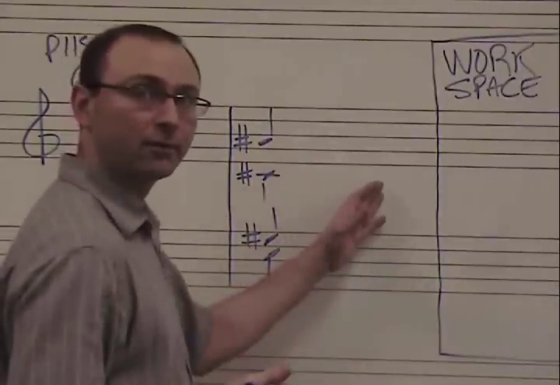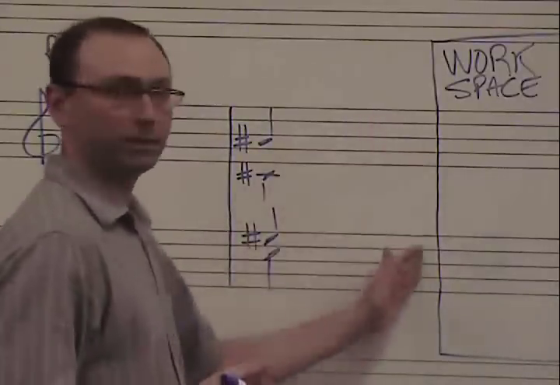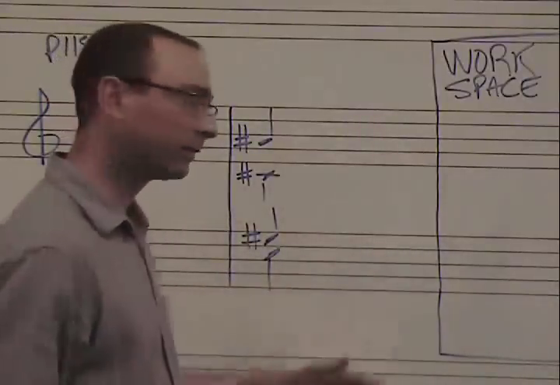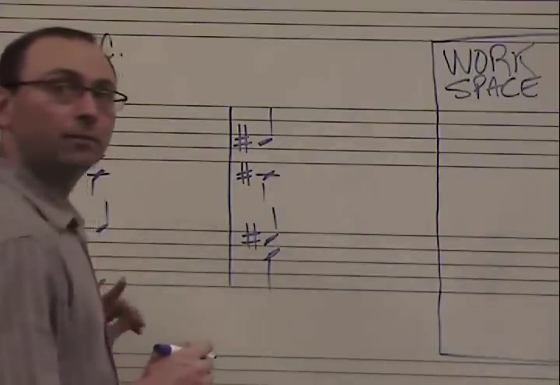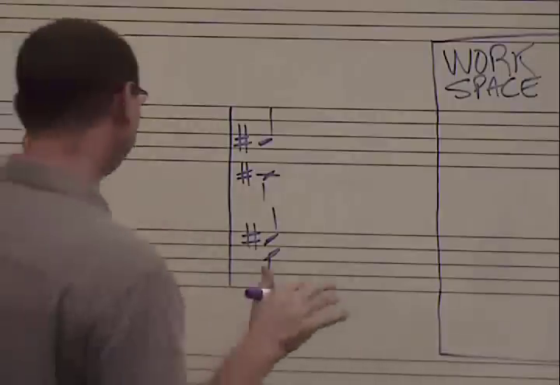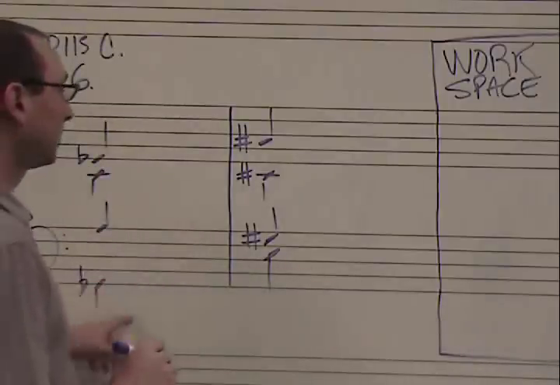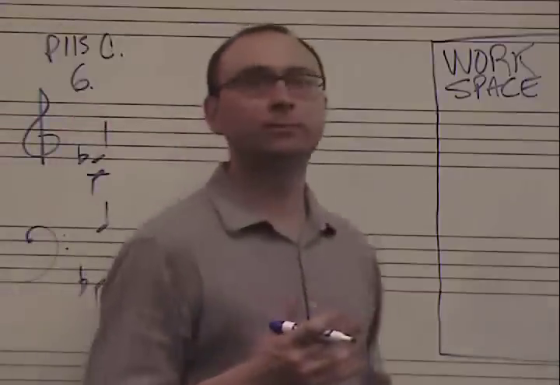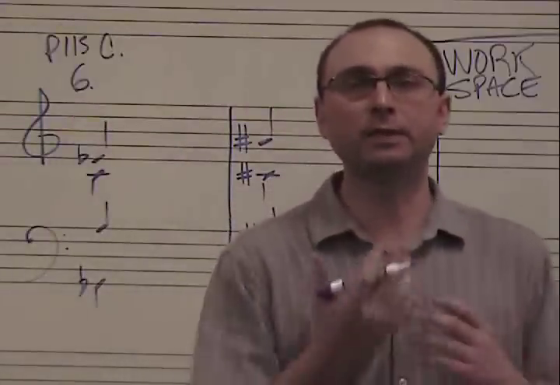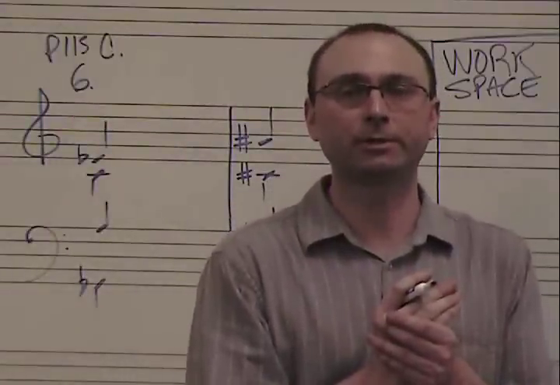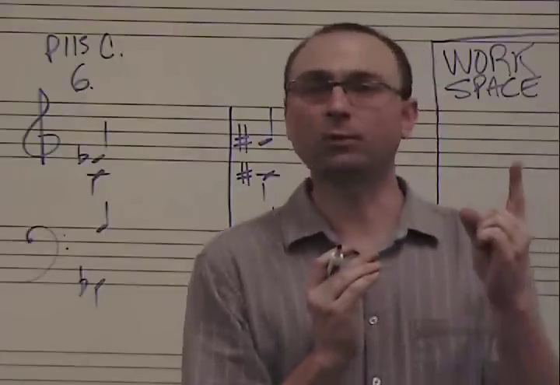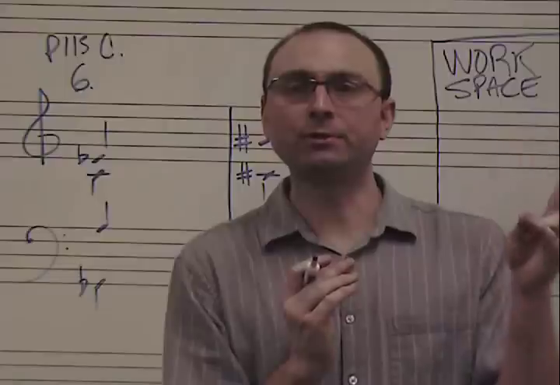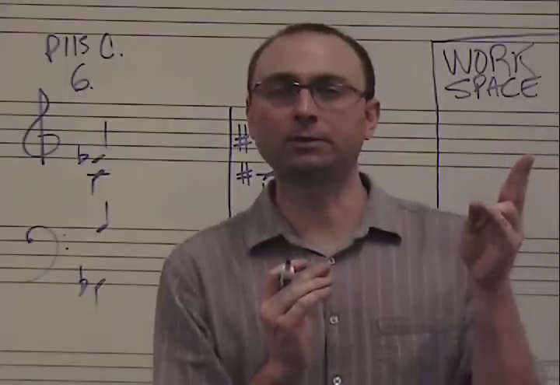You'll notice also I have a workspace that I'm going to use for chord spellings. I might pop out of the picture here, but no big deal. In order to figure out what key this is, we need to spell the leading tone diminished chord and then figure out, number one, its quality, and number two, what key it belongs to.